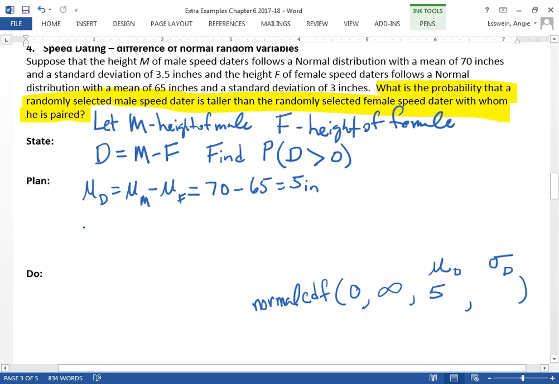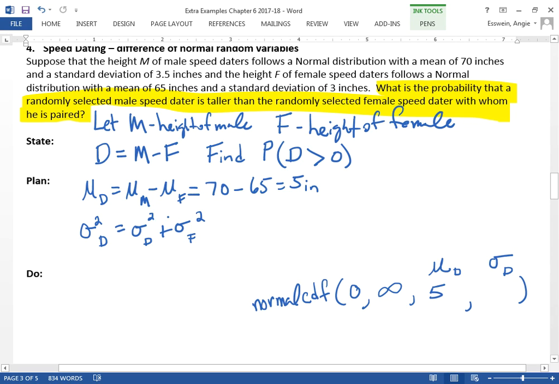Now, careful with the standard deviation, you cannot just subtract them for sure. In fact, you always add with variability. So we go through the variances. You're going to do the variance of male height plus the variance of female height.